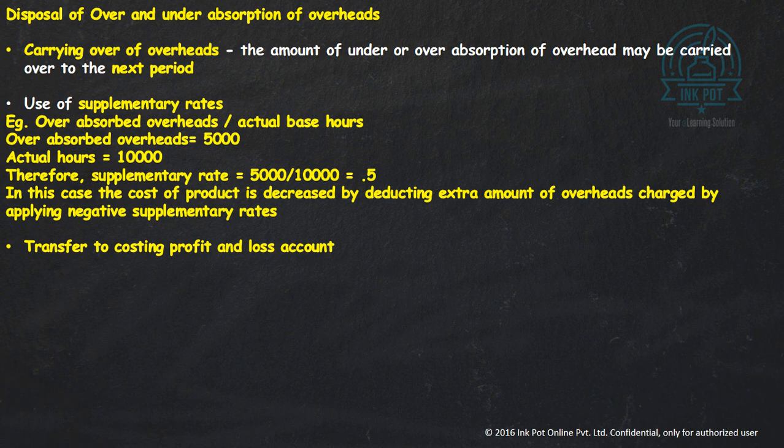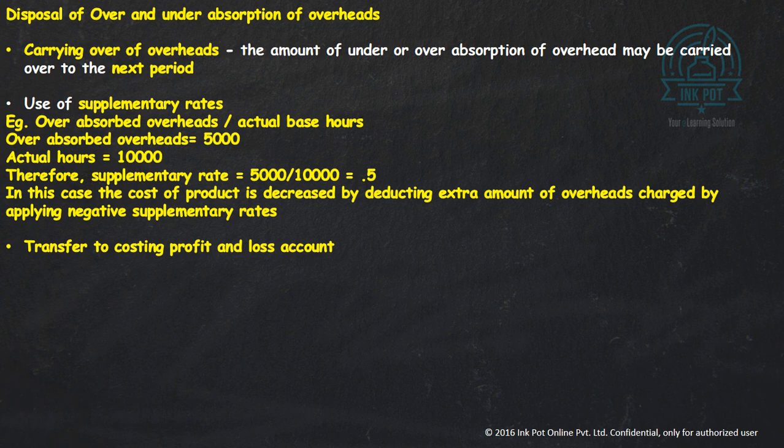In this case, the cost of product is decreased because we have already over absorbed the overheads. So we will decrease the cost of the product by this extra amount by applying this negative supplementary rate. In case of over absorption of overhead, the supplementary rate is known as negative supplementary rate.